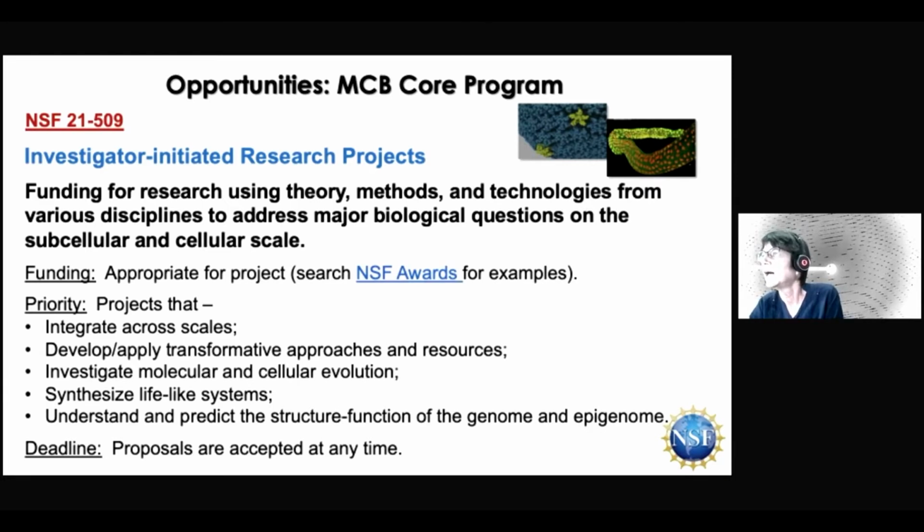We look for research that investigates life and evolution at the molecular and cellular level, and that synthesizes lifelike systems. We also fund research to understand and predict the structure and function of the genome and the epigenome.